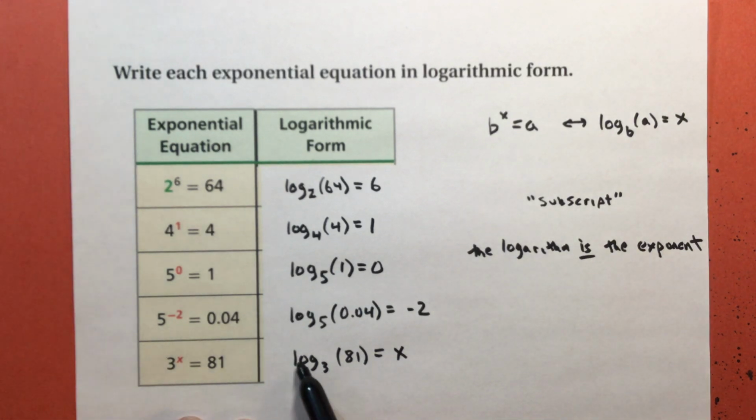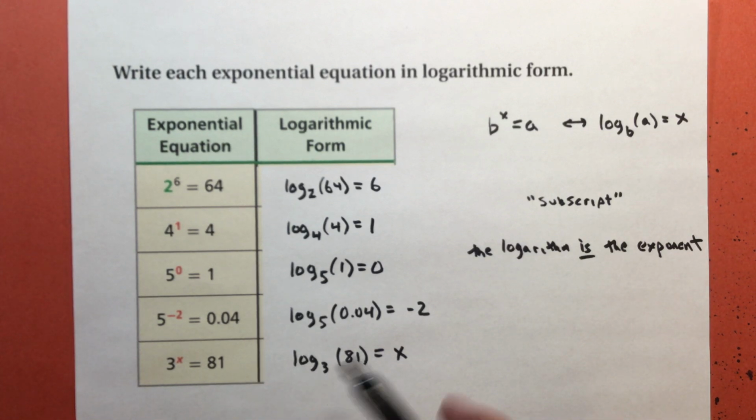When I see a logarithm like this, and this will be in the next video, where I'm not given the exponent and I have to figure it out, sometimes you can do this in your head. Go back and convert it to the exponential equation and say, all right, 3 to what power equals 81? Okay, 3 times 3 is 9, 9 times 3 is 27, 27 times 3 is 81. So I would follow this up with x equals 4. Okay, in the next video, we're going to give you these, and we're going to switch over to these.